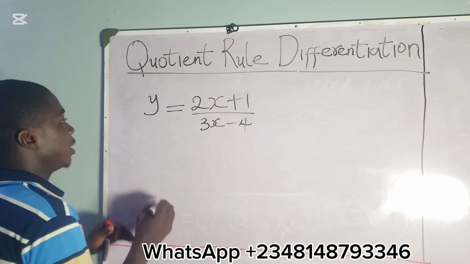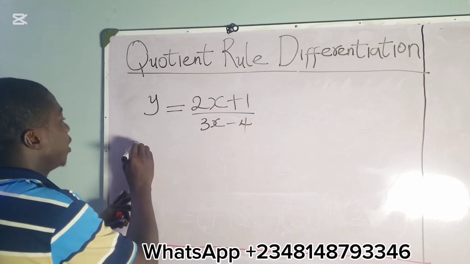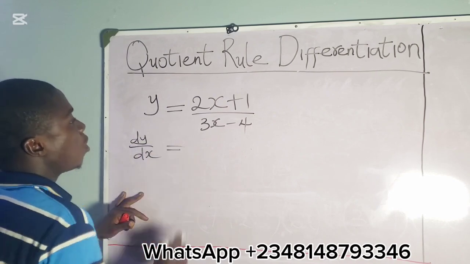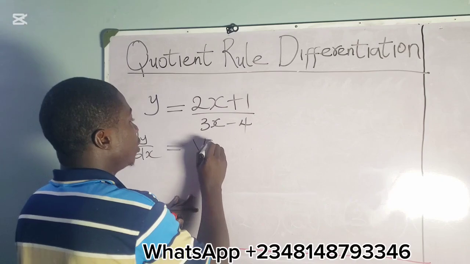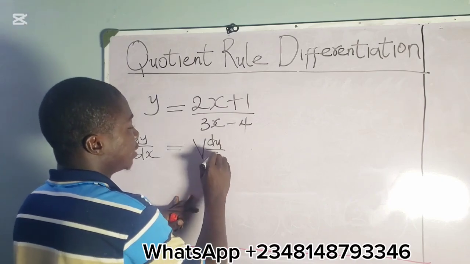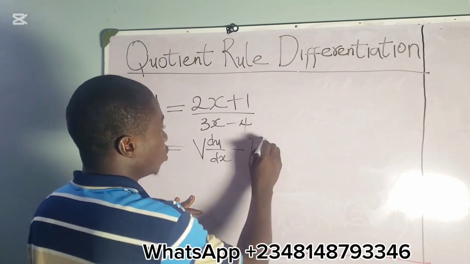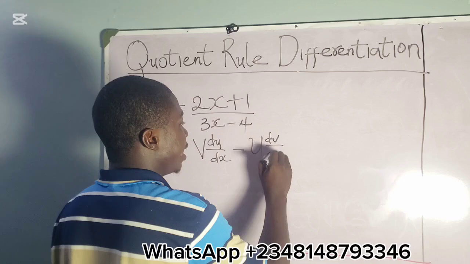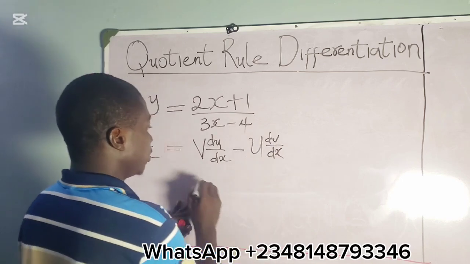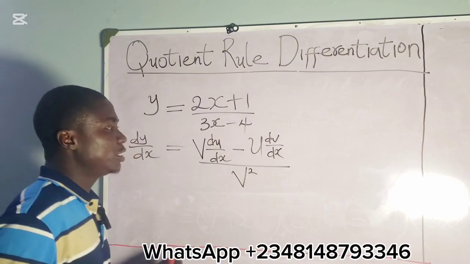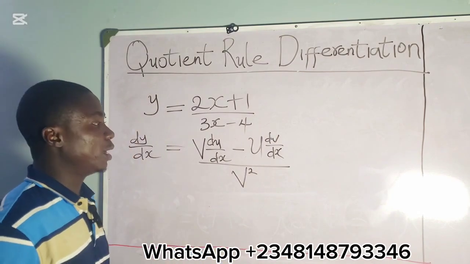So what's the formula? The formula: dy over dx is equal to v du/dx minus u dv/dx, all over v squared. This is the quotient rule formula.